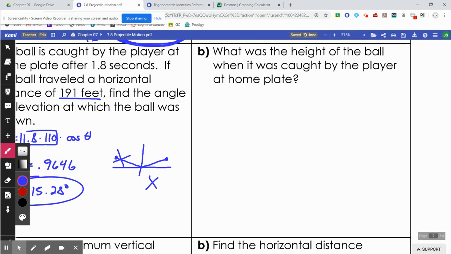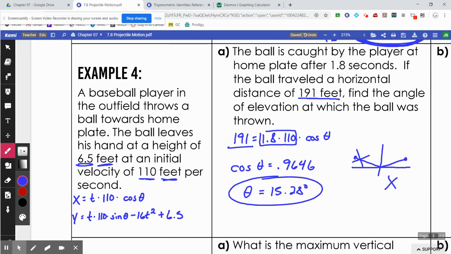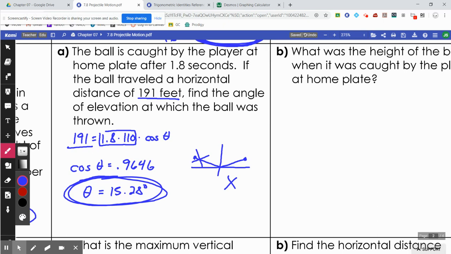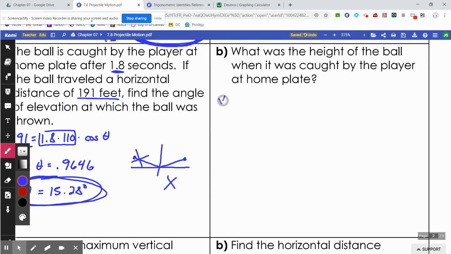Part B. What was the height of the ball when it was caught by the player at home plate? So we're talking height, so now we're talking a y value for our parametric equation, and we do have a theta now. We know that it was caught after 1.8 seconds. So we're going to plug in 1.8 into our y equation.